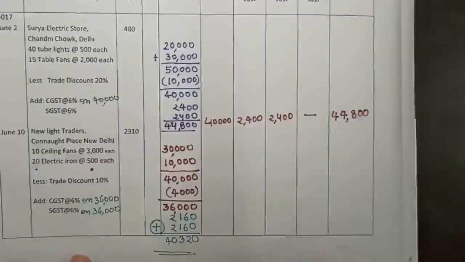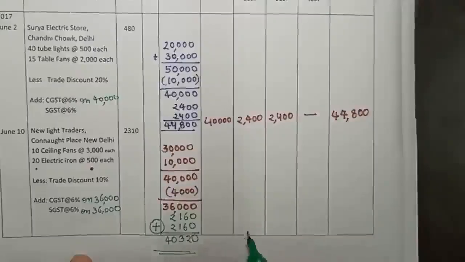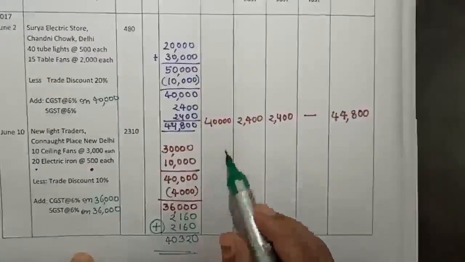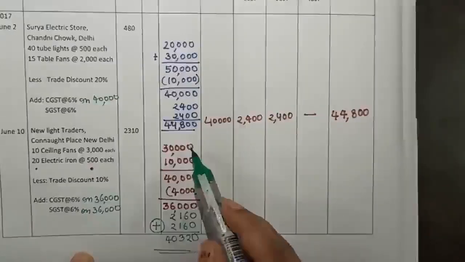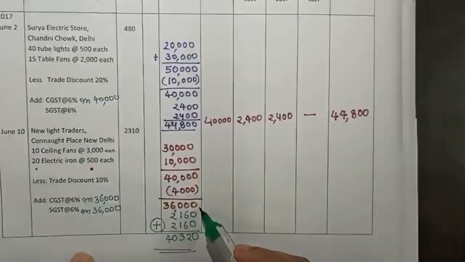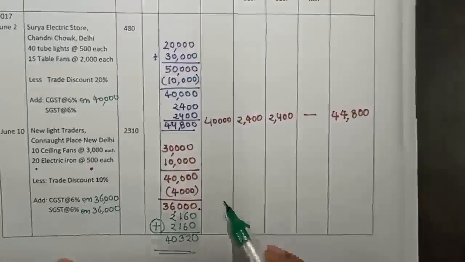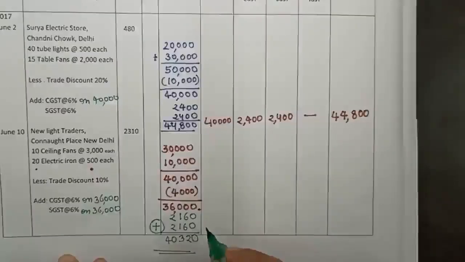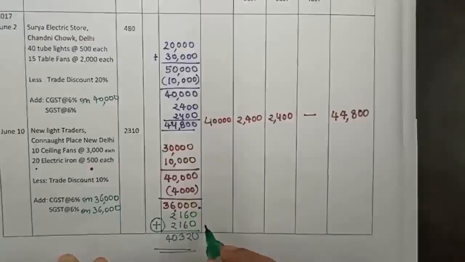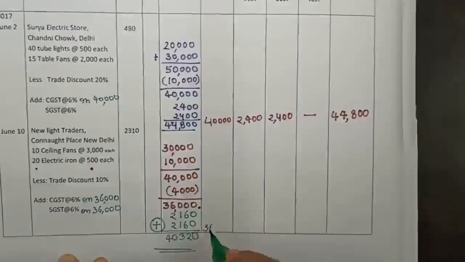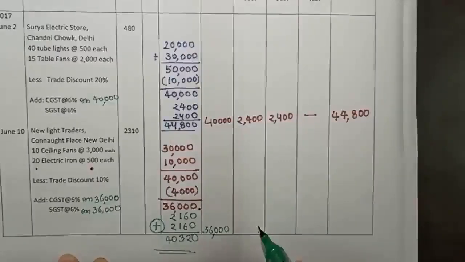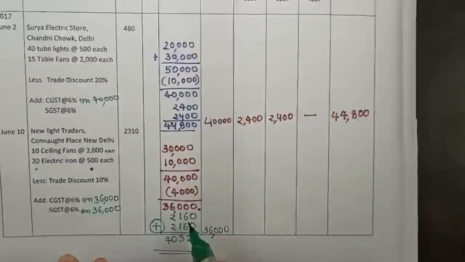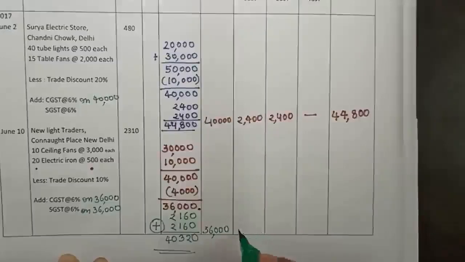So in the individual columns, what are we going to write? First of all, the purchase, that is after the trade discount. The amount we have is 36,000. So what we are going to write here is 36,000. Then the input CGST rupees 2,160.